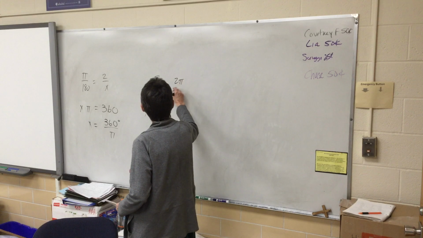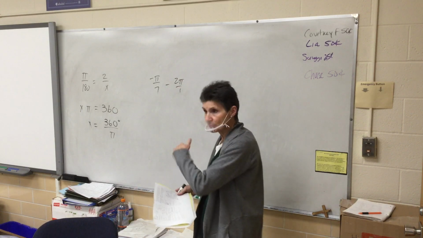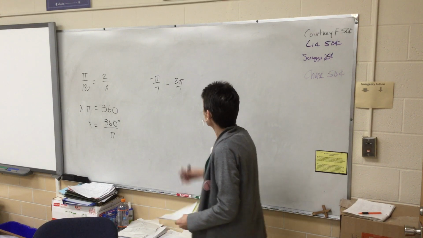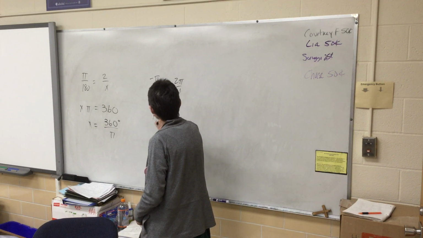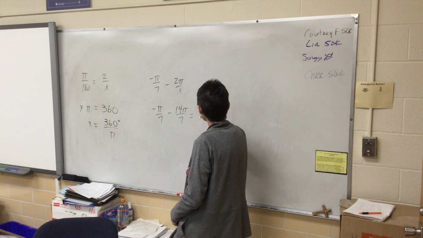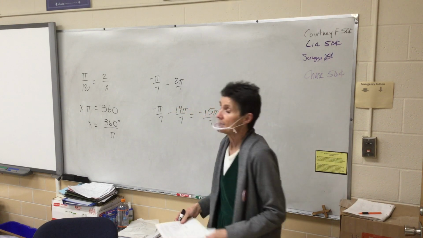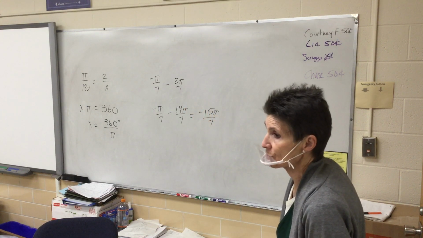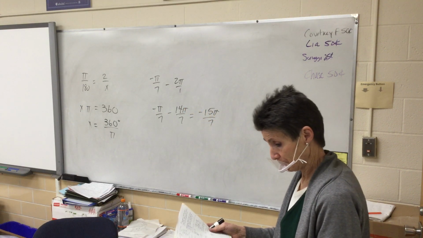I want it to be negative, so I'm going to subtract 2 pi. If I added 2 pi, I'd get a positive. So this is negative 1/7 minus 14/7, so negative 15 pi over 7 is the smallest negative coterminal. There could be lots of other answers, but that would be the smallest one.